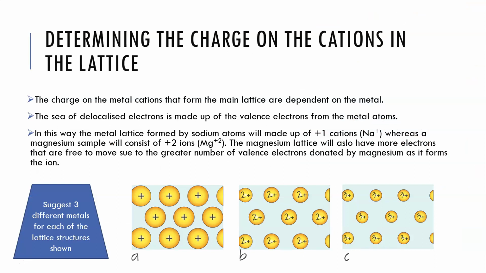So when we want to look at the charge on the cations to draw the appropriate lattice for the metal that we're looking at, okay, we essentially want to determine what the cation would be, remembering that group 1 will always form +1 cations, group 2 will always form +2 cations.